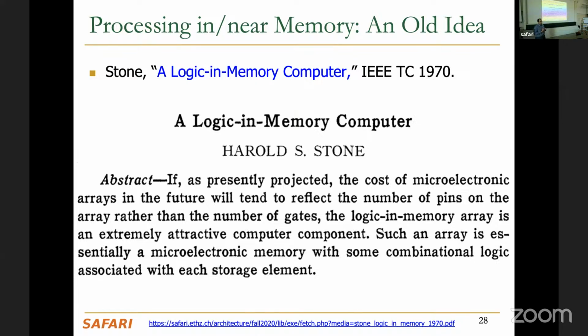Today applications are much more data intensive, so we are really pushing the bottlenecks and the limits, and we also have a lot of technology advancements. So now we have more opportunity to consider these applications. And of course, the memory and processor gap is getting larger and larger. So it's really important that we revisit this idea and enable it by new technologies, new ideas that we can develop in this area.